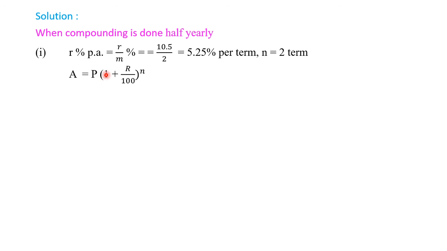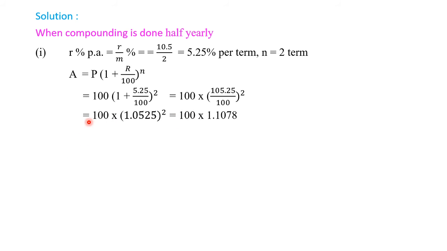Formula: A is equal to P in bracket 1 plus R divided by 100 bracket raised to n. We put the values in this formula. Therefore P is equal to 100 in bracket 1 plus 5.25 divided by 100 bracket raised to 2. After solving this, we get 100 into 105.25 divided by 100 bracket square. We get 100 into 1.0525 bracket square is equal to 100 into 1.1078.